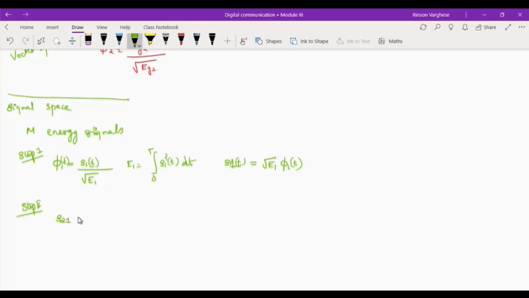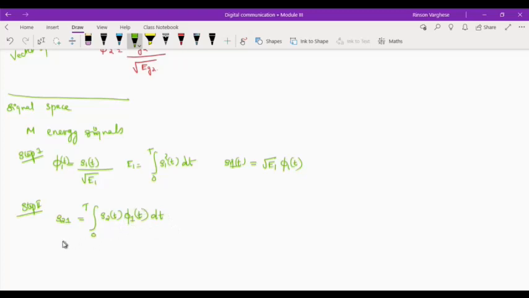That is nothing but the inner product between my signal and the first basis. So I am finding the contribution of my signal in the first basis direction. This is S21.